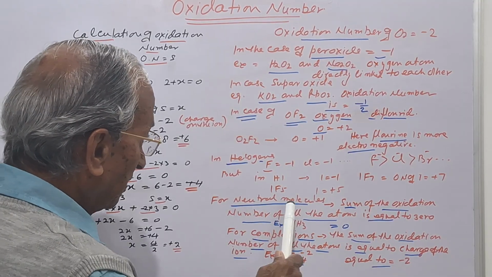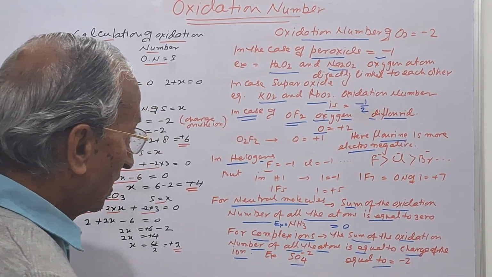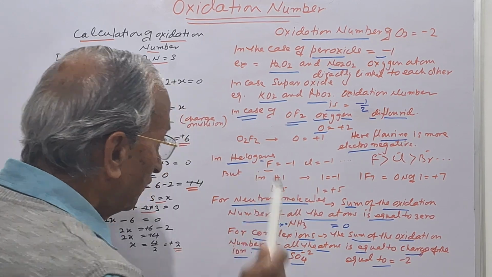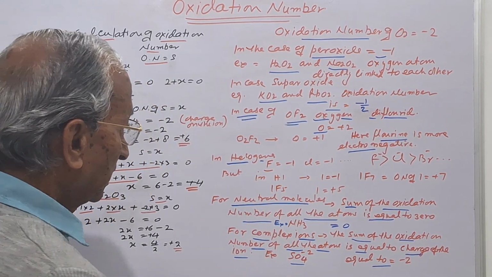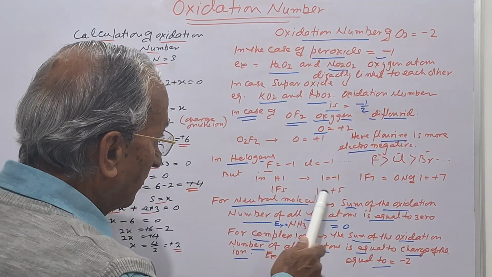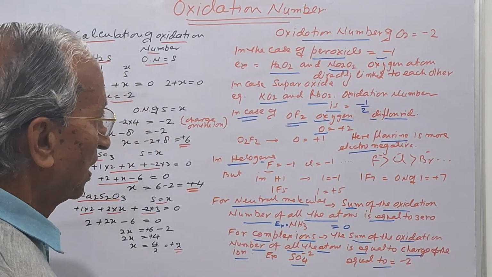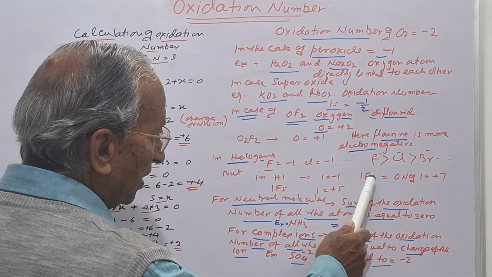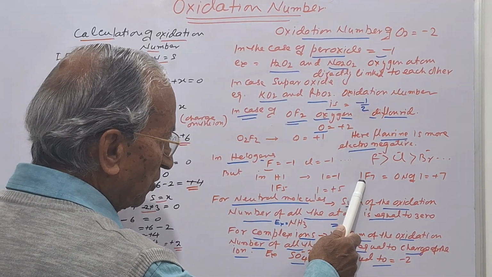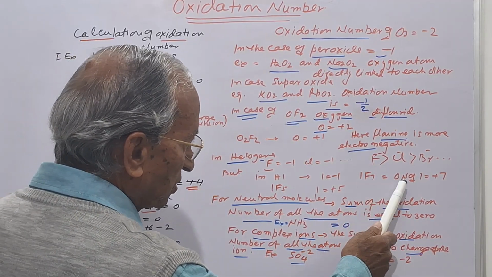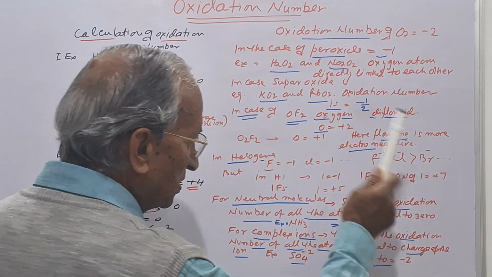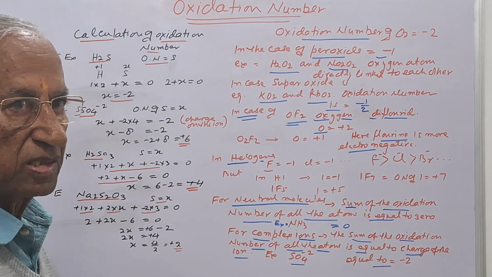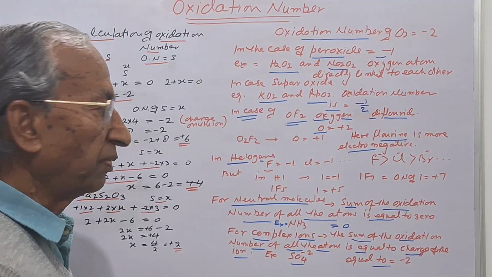Now, if we take the example of IF5, where iodine is less electronegative than fluorine, then the oxidation number of iodine will be +5. And in the case of IF7, where iodine is less electronegative than fluorine, the oxidation number of iodine becomes +7. So the point is that it depends upon the electronegativity.